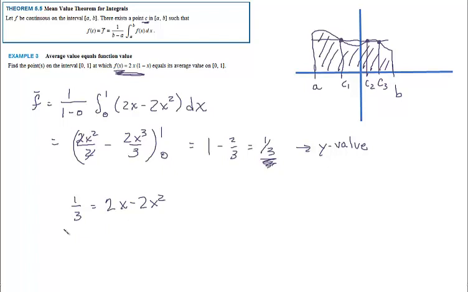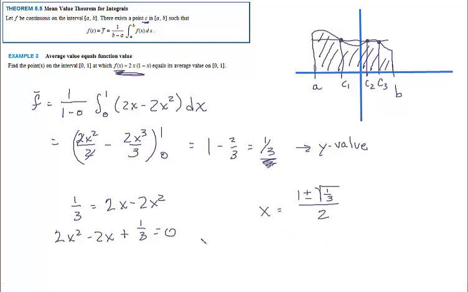I see that I have a quadratic. I'll go ahead and shove everything over to one side, doesn't matter which side, but I happen to like positive x squareds. And now I either factor this or I plug it into the quadratic formula, and then I figure out what those x values are. So let me do that.